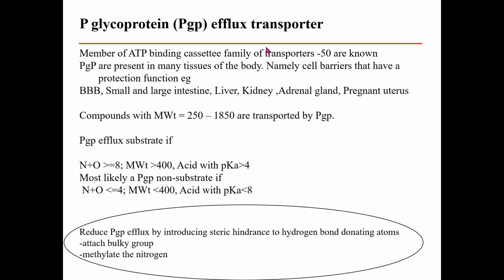So they said if nitrogen plus oxygen greater than 8, molecular weight greater than 400, pKa greater than 4, then it will be acted on by P-gp, P glycoprotein. But if it is nitrogen plus oxygen less than 4, molecular weight less than 400, pKa less than 8, chances are it will not be thrown out by the proteins called P glycoprotein.